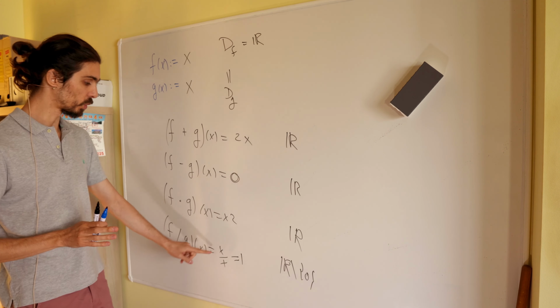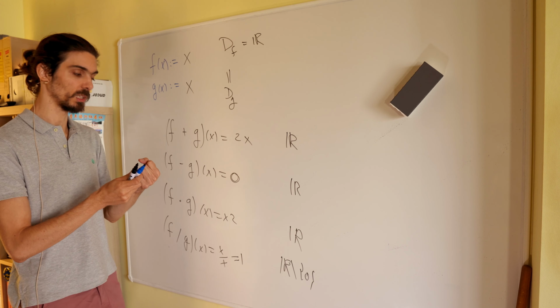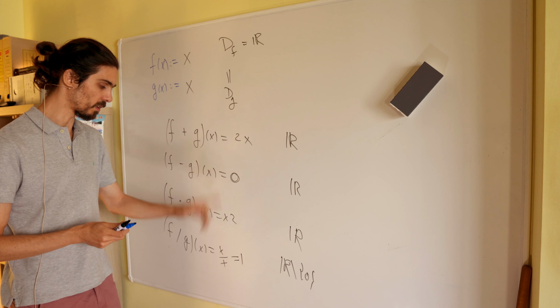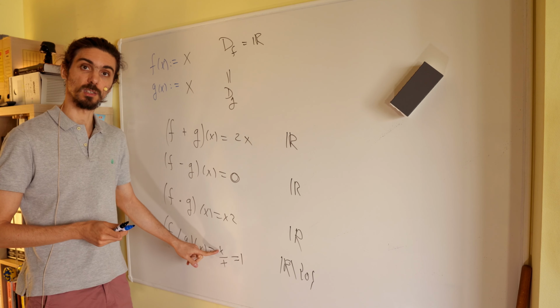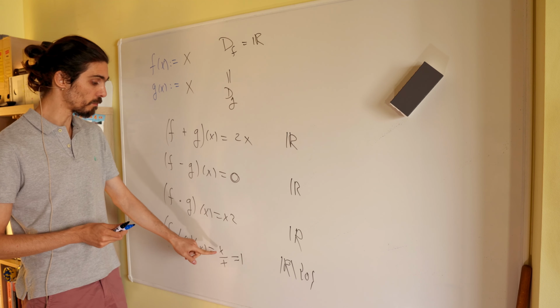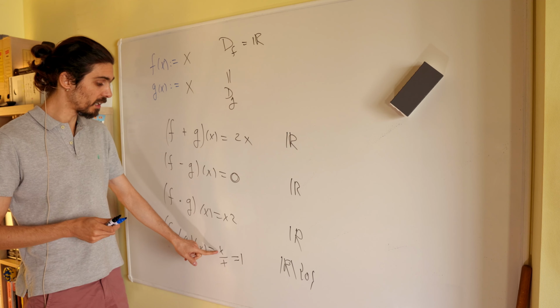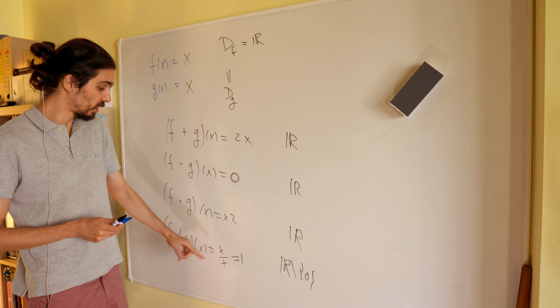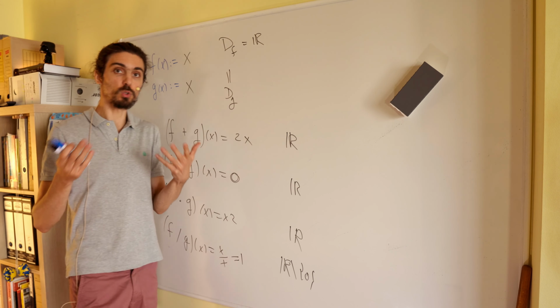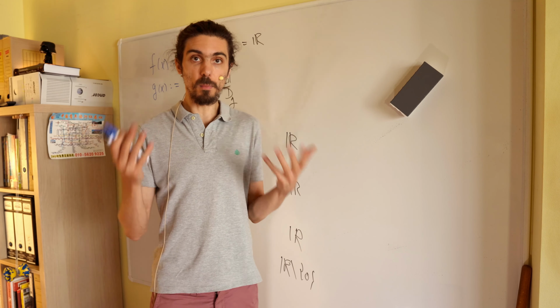Because when you have formulas with expressions like these, or any others, you have to think about the functions. You have to think what x's are possible or not. Because, again, a formula is just an operation between different functions, and those different functions have domains.